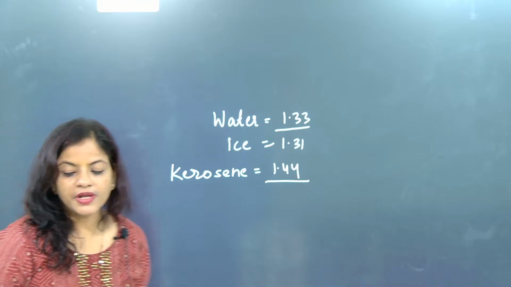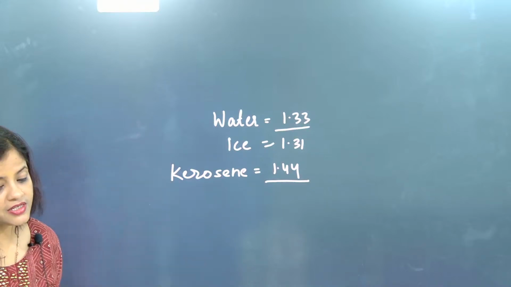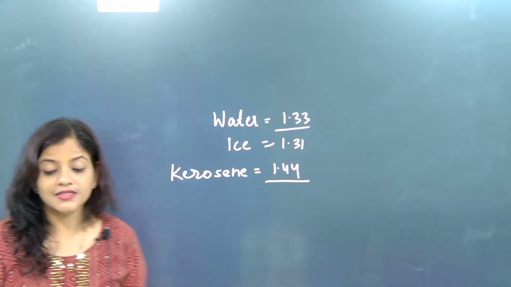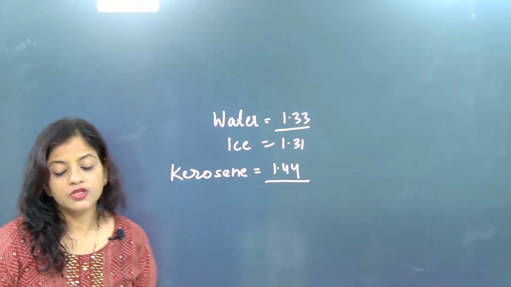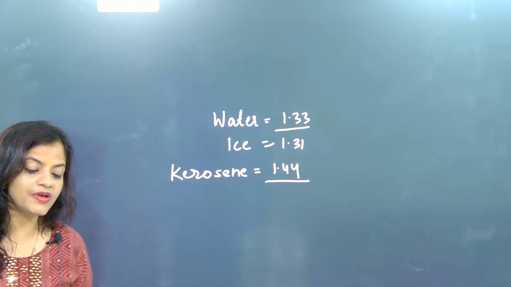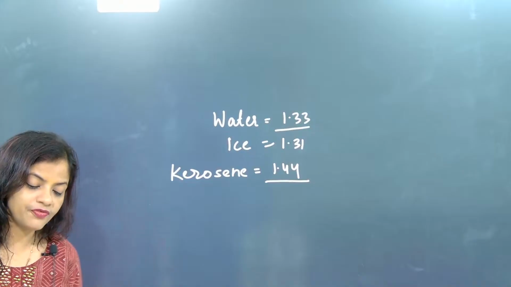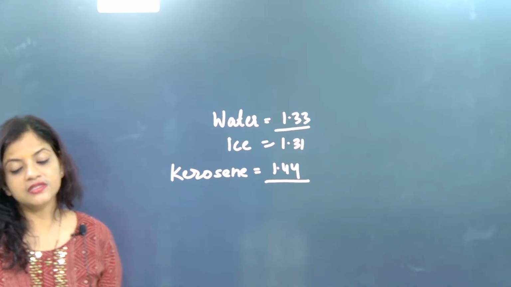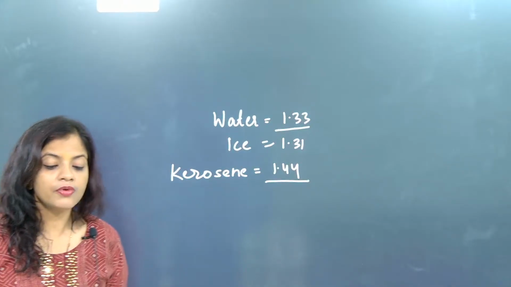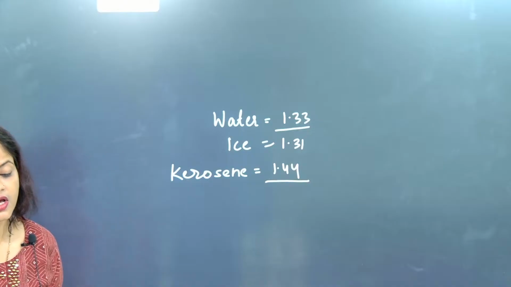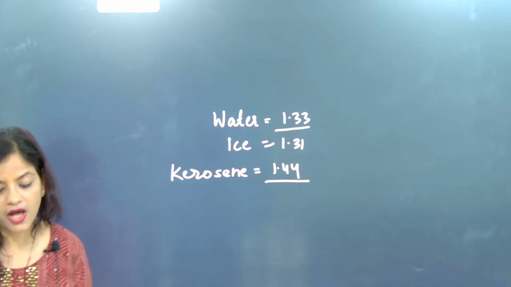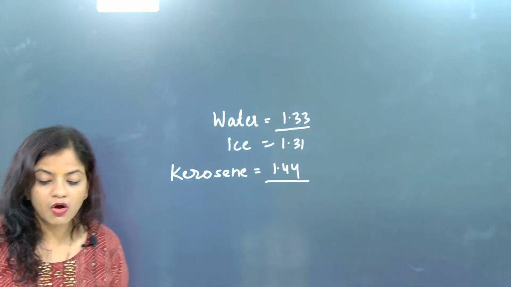Optical density is not the same as density equal to mass by volume; if we take mass by volume, it will be different. The optical density of kerosene is more, and because of that its refractive index is also high.